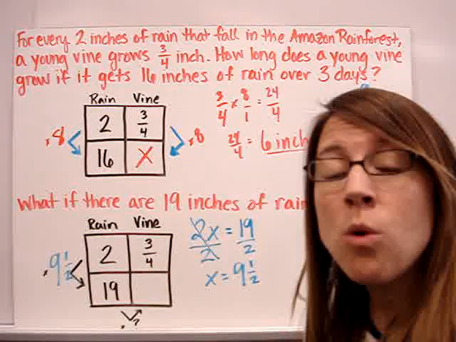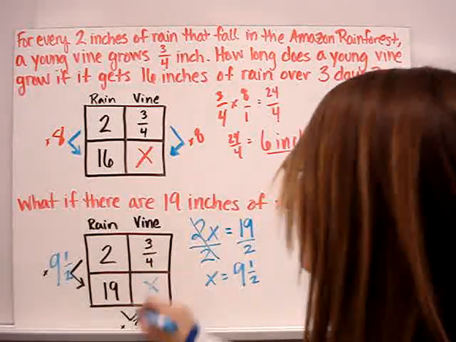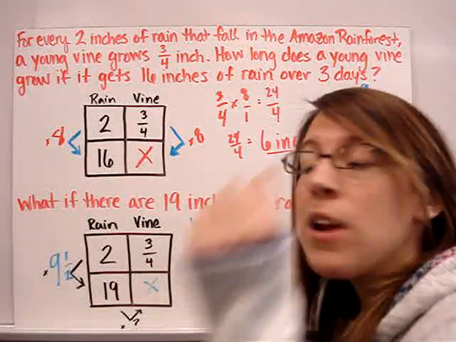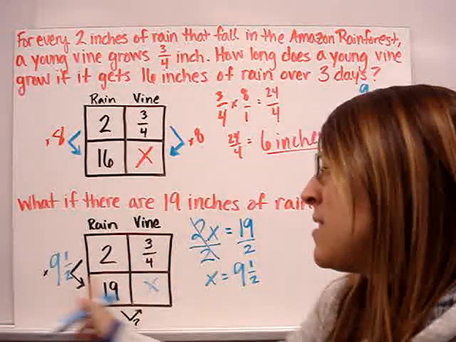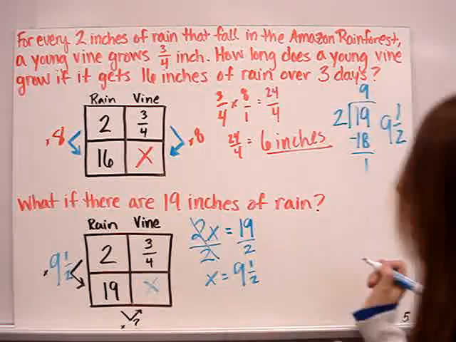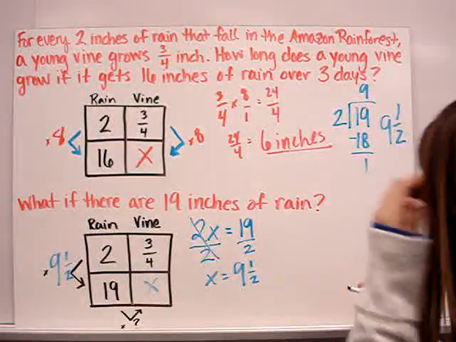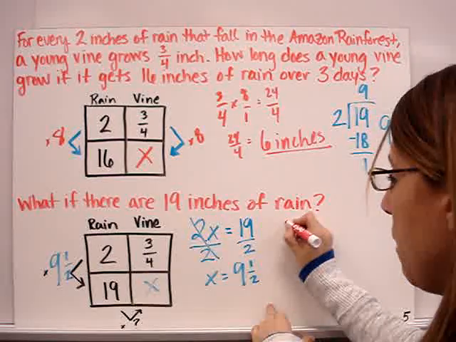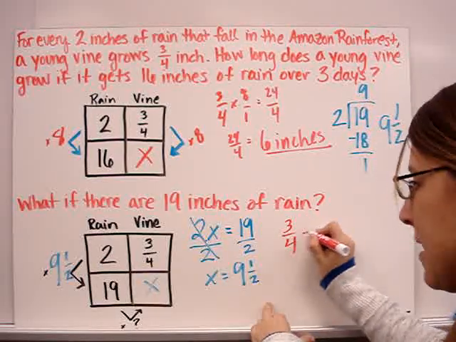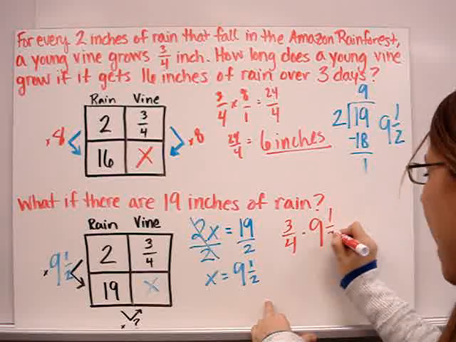There. Now, should I be able to get x? Absolutely. If I know that 2 times 9 1/2 is 19, then 3/4 times 9 1/2 is going to get me x. So that's what we have to work with. So again, I'm going to use red because this marker's dying here. 3/4 times 9 1/2.